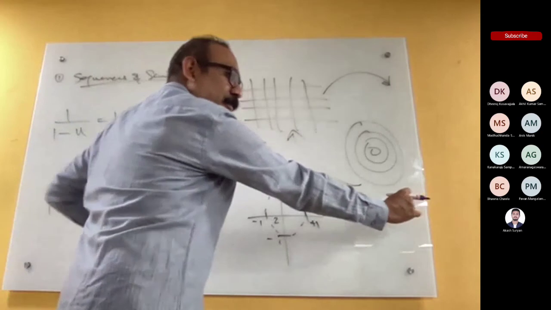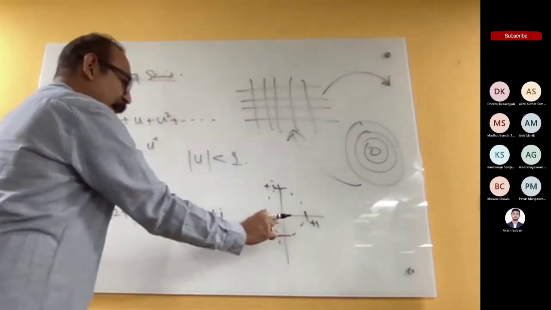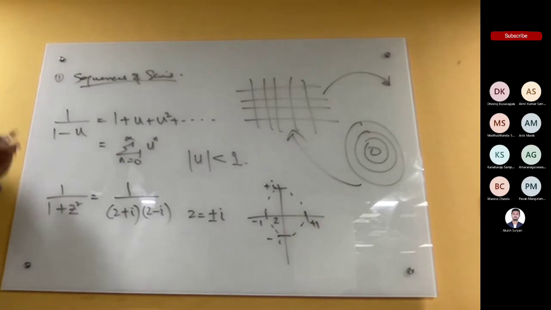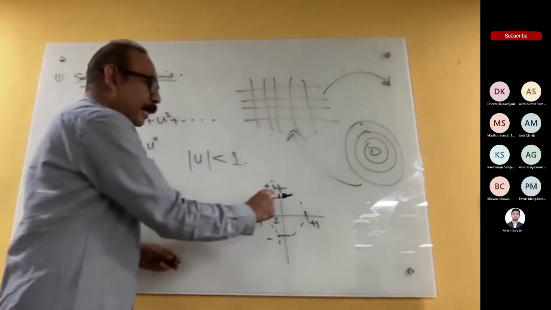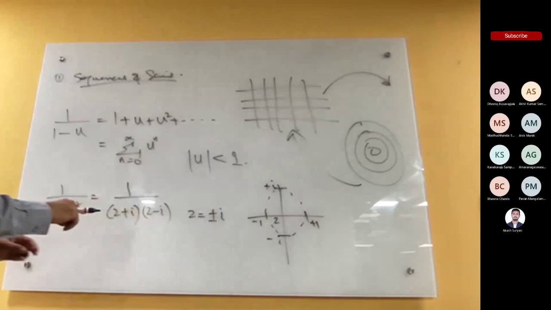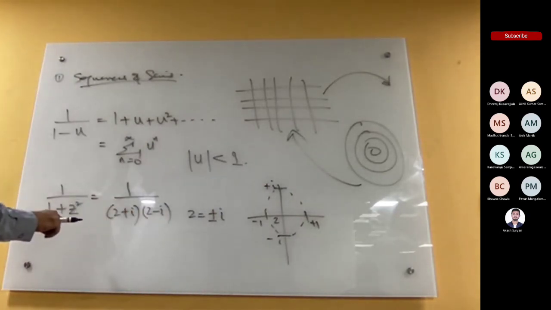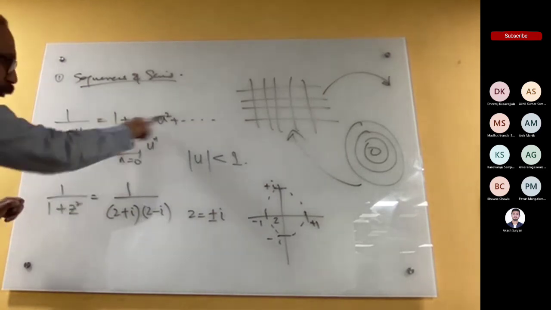Here it can move. At x equals minus 1, this has no problem. This will work perfectly. But at z equals minus i, it has a problem, because it becomes 0, division by 0. So this also will result to something like this.